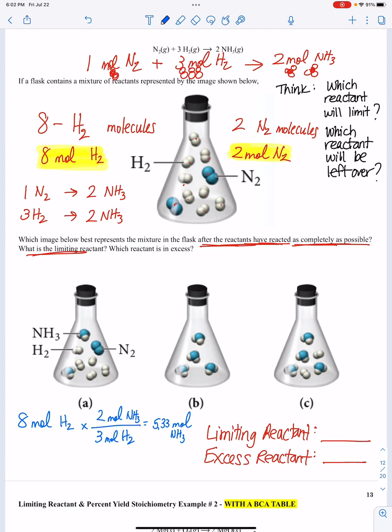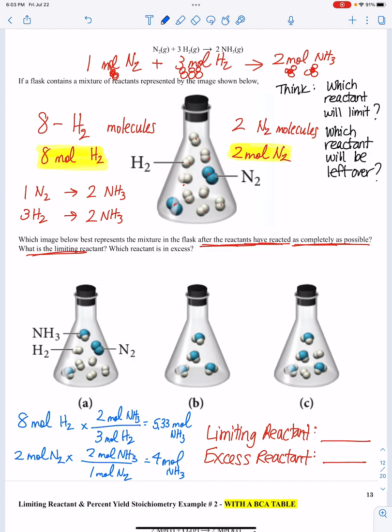Okay, good to go. If I do N2 now, if I have 2 moles of N2, this is a 2-to-1 ratio: 2 moles of NH3 for every 1 mole of N2. I will get 4 moles of NH3.